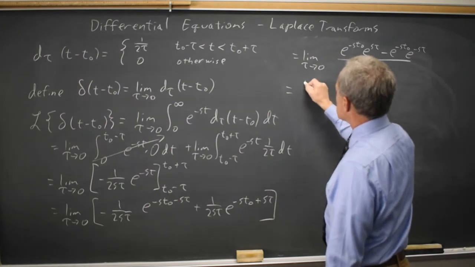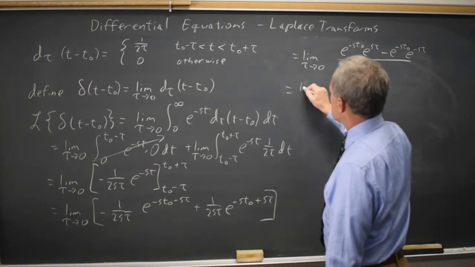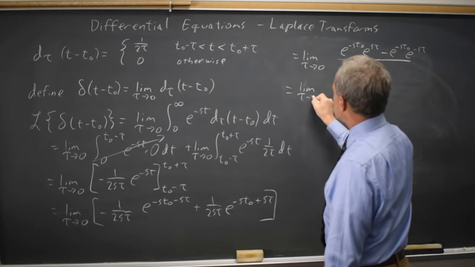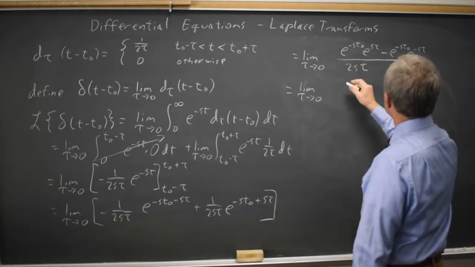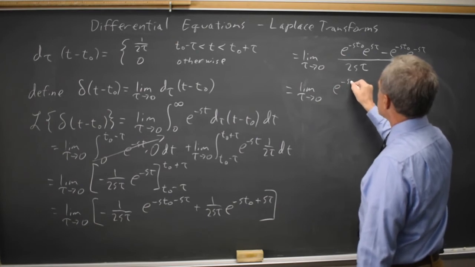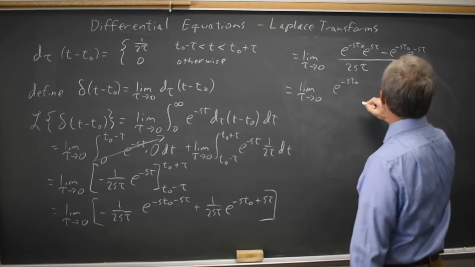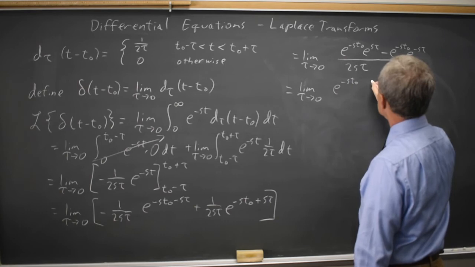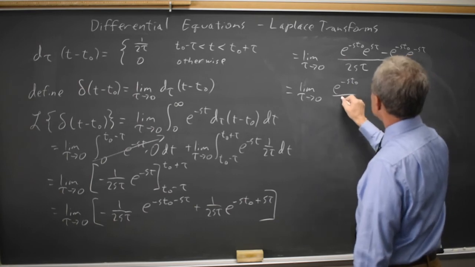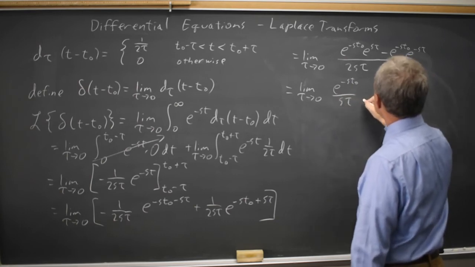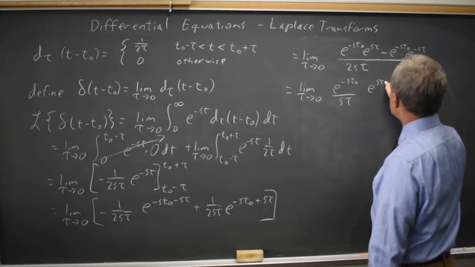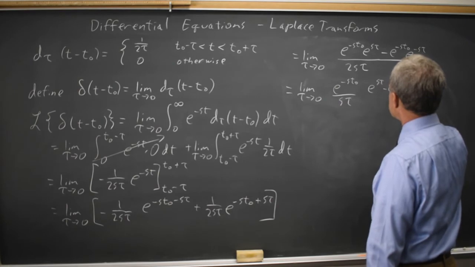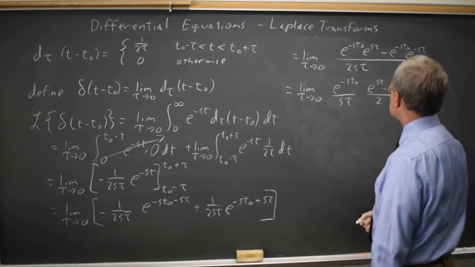So I can write this as the limit as tau goes to 0 of e to the negative st0 times 1 over s tau times e to the s tau minus e to the negative s tau over 2.